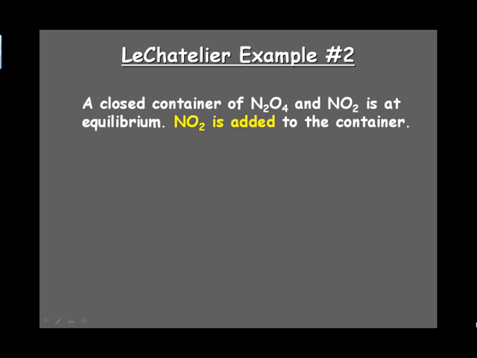Now, a second change that can be imparted to a reaction to cause a stress is concentration. So if you had a closed container of N2O4 and NO2 and the system is at equilibrium, and then you dumped in a bunch of NO2 to the container, you're going to have lots of NO2 with the potential to react.